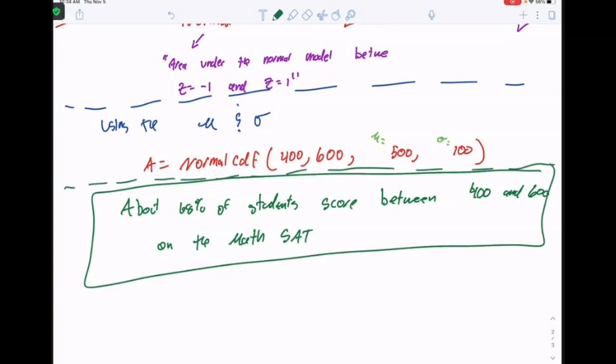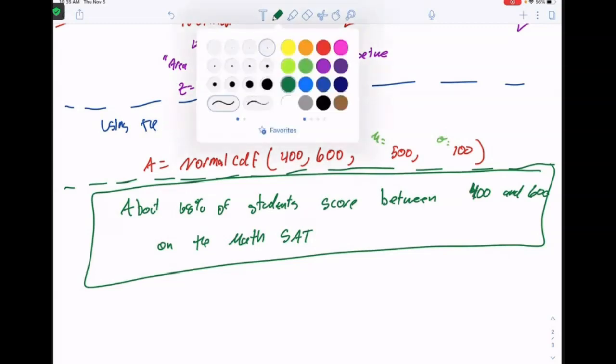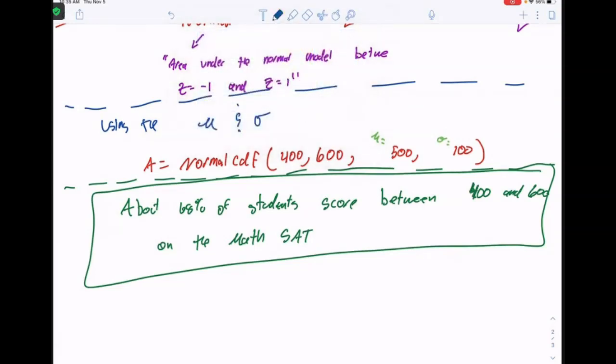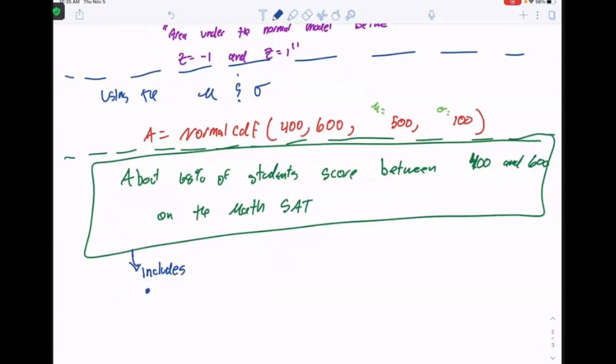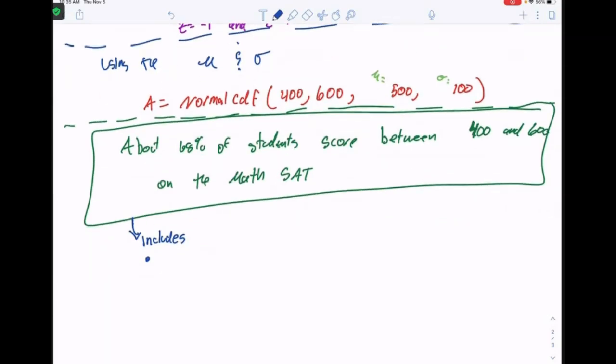Now, let's talk about my answer. Let's talk about the solution that I wrote. What are some important features that I did in my solution? What does this solution include? So context. It included the who, which was students.